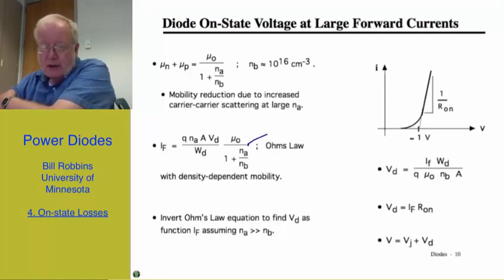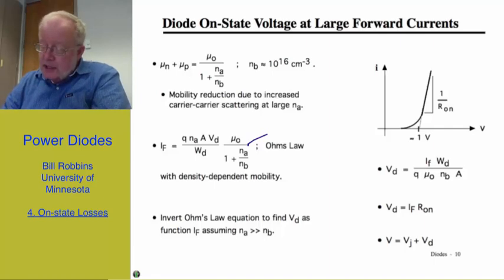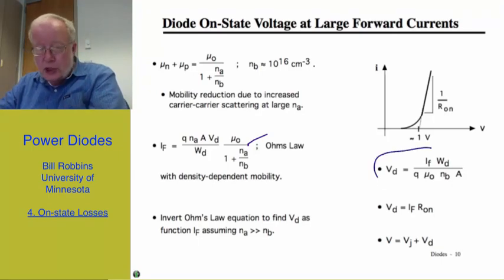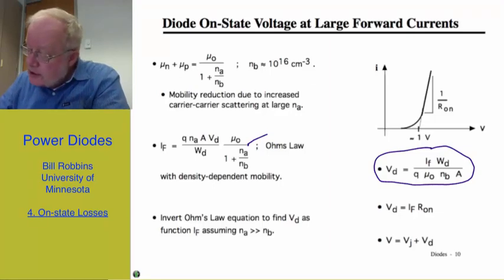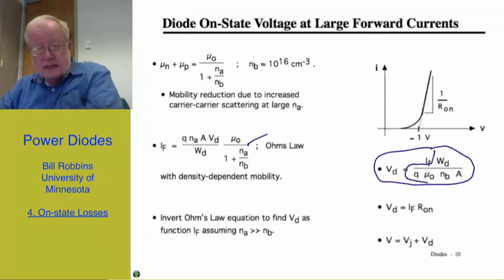If we assume that our excess carrier density is as large or larger than about 10 to the 16th, then an asymptotic expression can be developed in which we ignore the 1 compared to N A over N sub B, and then invert that relationship and show that the drift region voltage is proportional to the forward current, and all of the other constants that I'm highlighting right now constitute the on-state resistance.